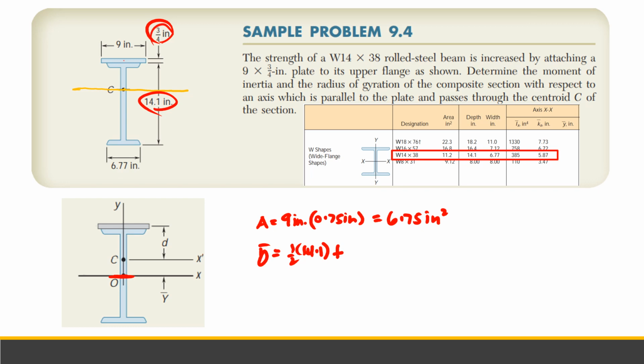So doon yung centroid ng plate natin. Okay, so that is 1/2 also ng 0.75 inches. So the y bar is equals to 7.425 inches. Okay, so yan yung y bar and area ng plate natin.